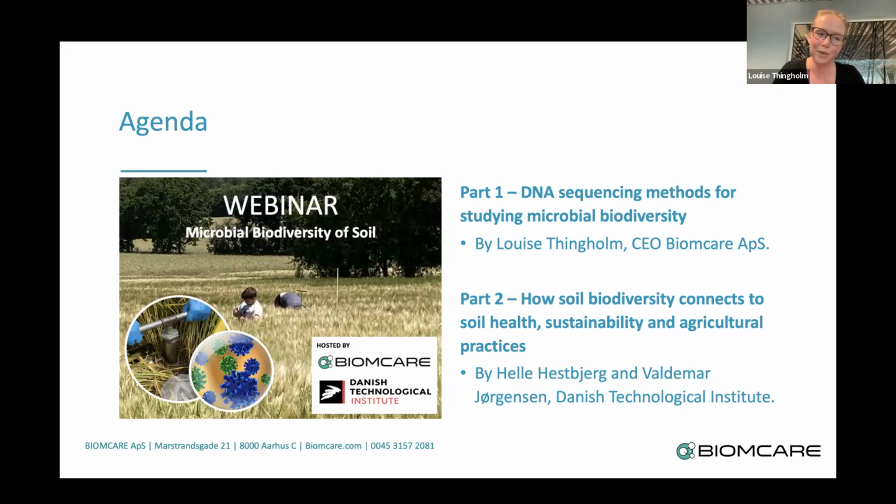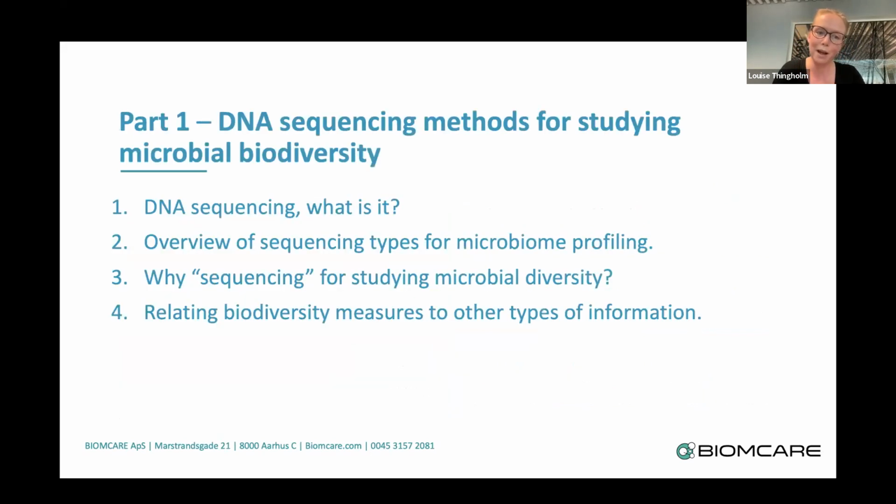Okay, so my part is focused on this method or technology that is DNA sequencing. That is a method that Biomcare is using. Biomcare is a Danish company here in Aarhus that does everything microbiome, but we focus on DNA sequencing and use it for biodiversity measurement.